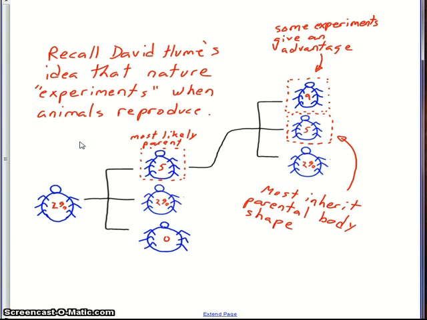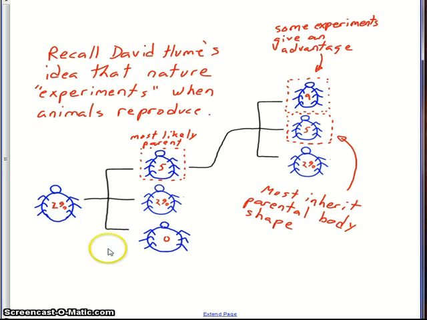Now, you'll recall David Hume had an idea that nature experiments when animals reproduce, and so we can think of, in Hume's terminology, the variation that we see in each generation as sort of the idea that nature is experimenting. Now, it's not that the parents, when they have offspring, are purposely trying to have different types of offspring.